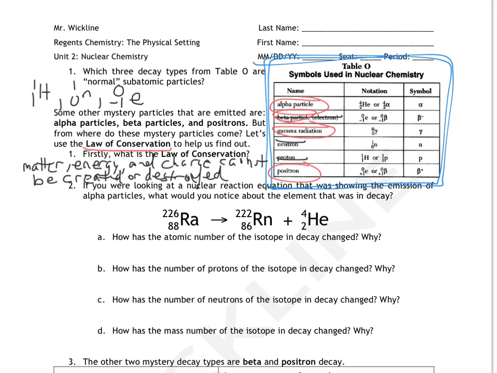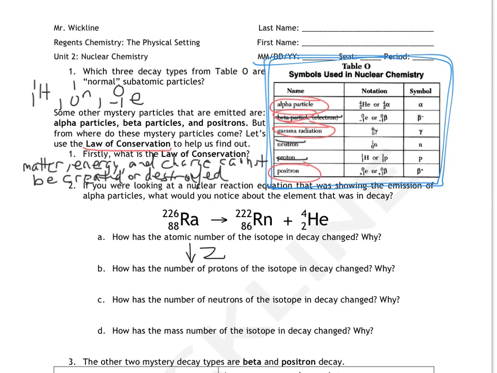So you're always going to find the same types of stuff when you're looking at a nucleus that's undergoing alpha decay. In terms of atomic number, what you will notice is that it'll drop from a number like 88 to a number like 86. And basically that means that it's going to have a reduction in atomic number of 2.